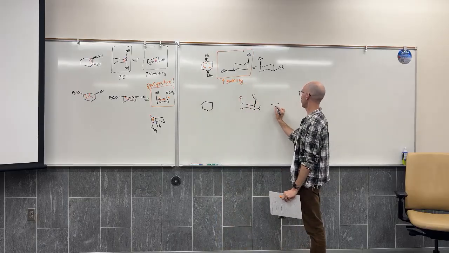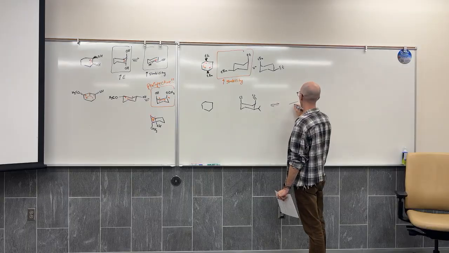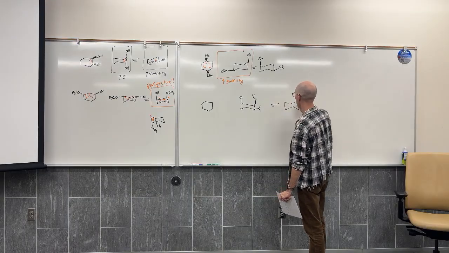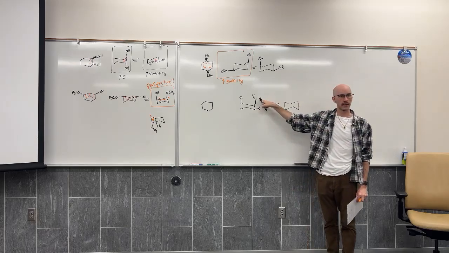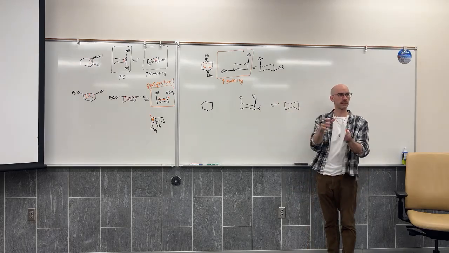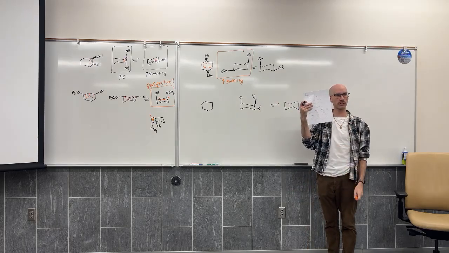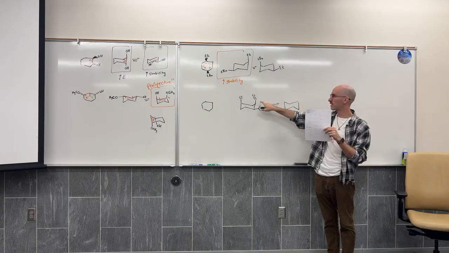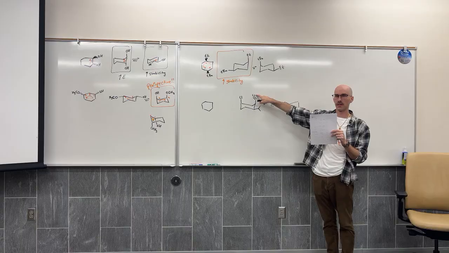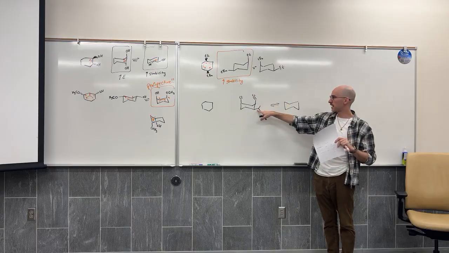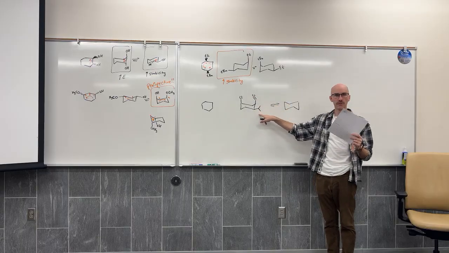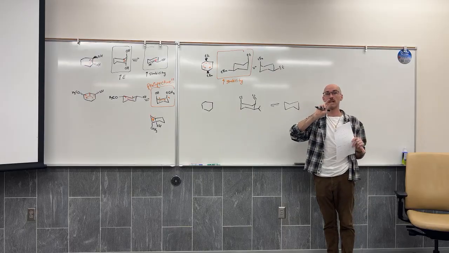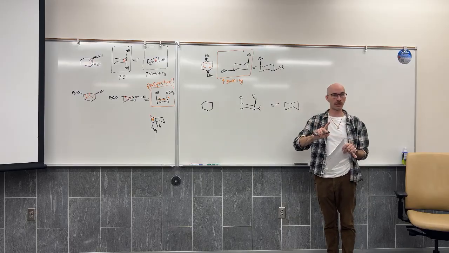I want you guys to feel comfortable moving in and out of these bond line structures versus condensed structures. So on your sheet, I gave this as CHO, CHO, and CH3, I want you guys to feel comfortable being able to convert between them because neither is correct or incorrect.